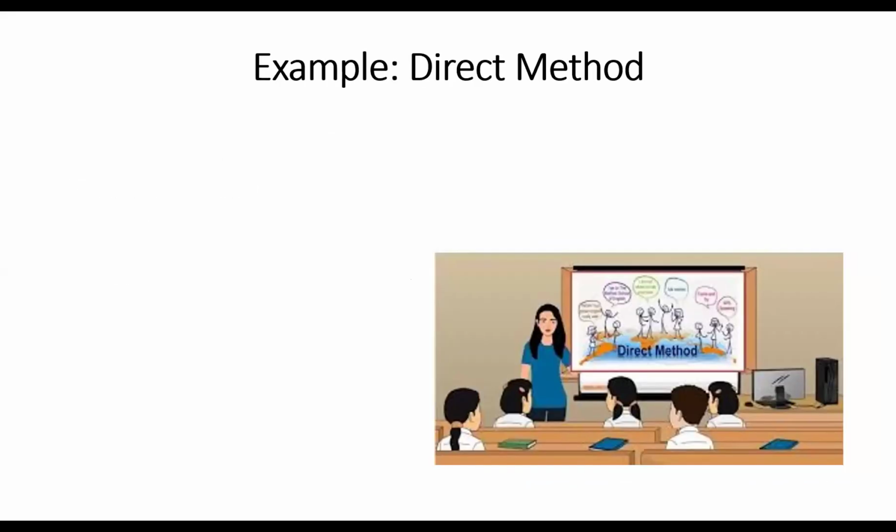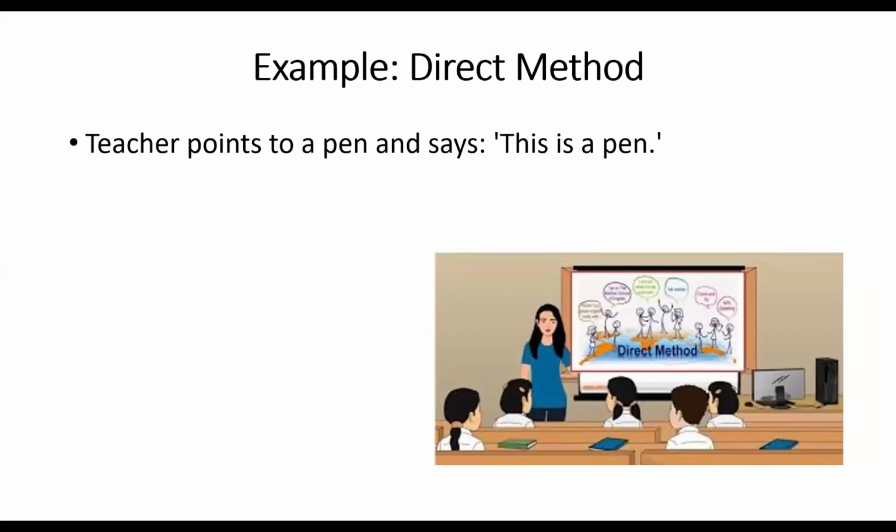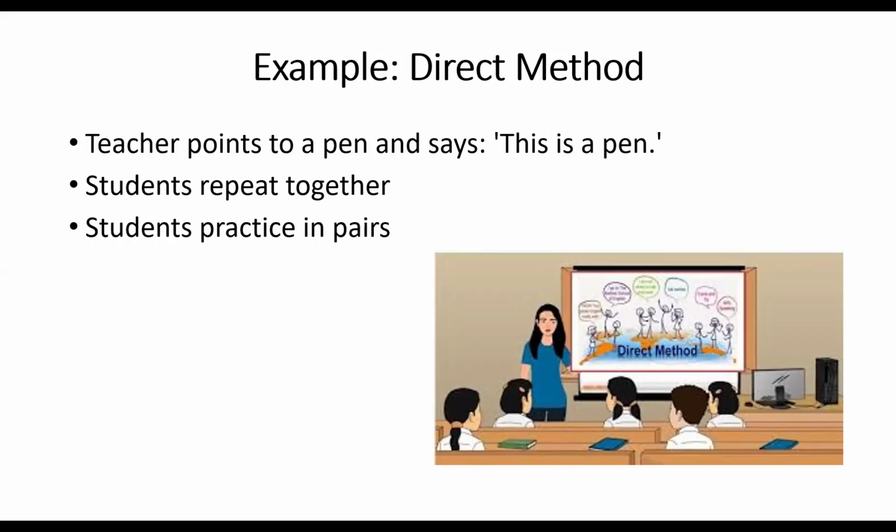For example, in direct method, the teacher points to a pen and says, "This is a pen," like in children class. This is a pen. Students repeat together. This is a pen. Students practice in pairs, but the teacher can use varieties of objects.